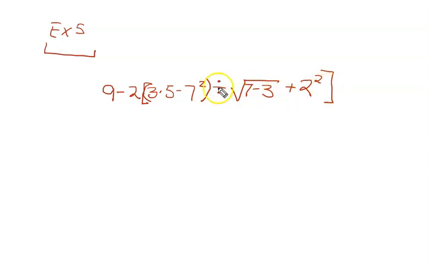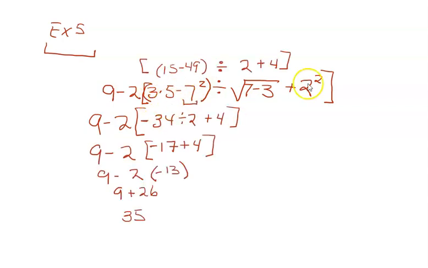We have brackets here. So this is just going to be a 9 here, minus 2. Now, as we work inside this parenthesis, what's going on? And I've written it out in detail so we can follow it step by step. So 3 times 5 is 15. Now, negative 7 squared. Are we squaring a negative 7 or just the 7?